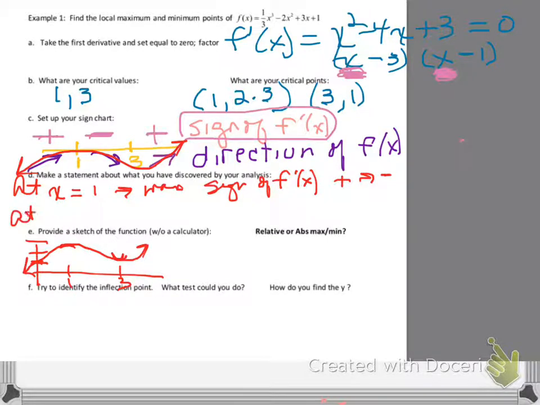And then likewise at x equals 3, that indicated a min because the sign of f prime of x went from negative to positive, and this should be the word 2. Alright, so do I have relative or absolute maxes and mins? I would say relative because of these arrowheads.